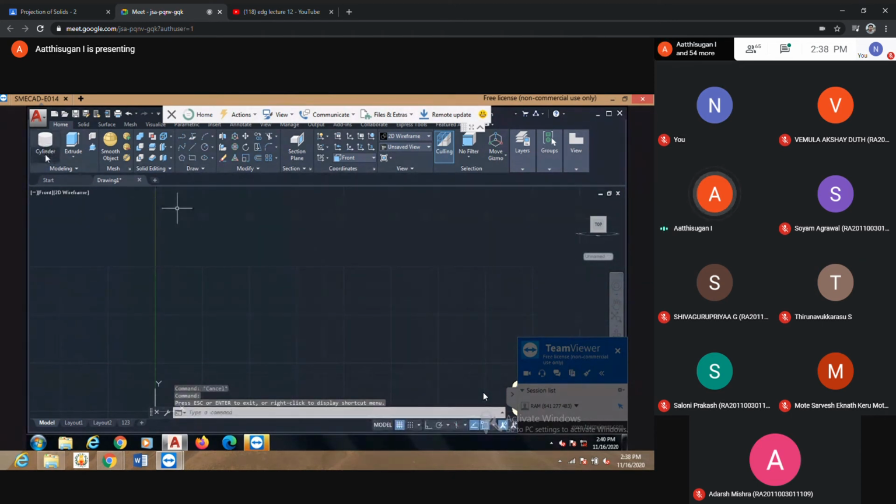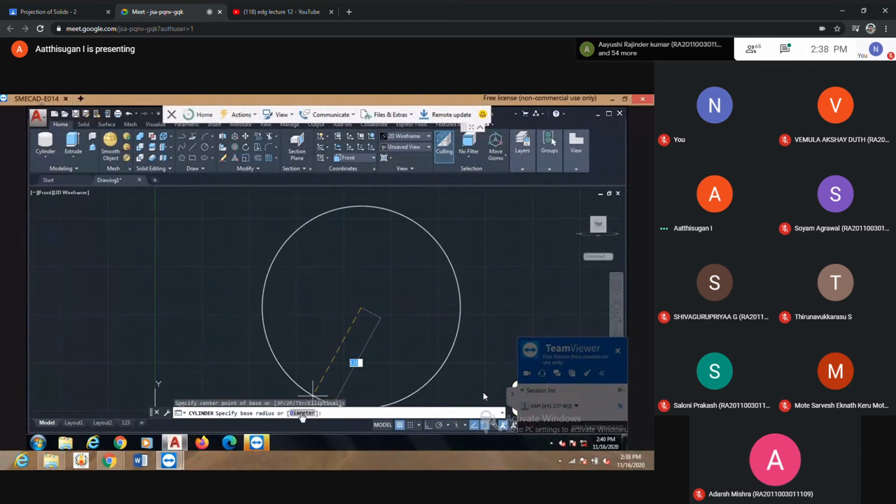Suppose I'm drawing any one object, a cylinder. Radius.